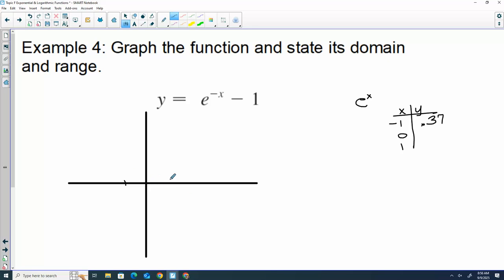We'll say 0.37. If I put in a 0, we know we always get 1. If I put in a 1, we just get e, which you could certainly type in if you were really interested in all those decimal places. But we could just say approximately 2.7. So that's my parent function.